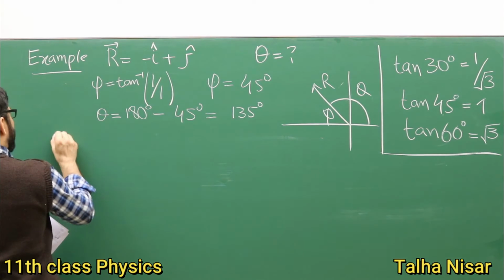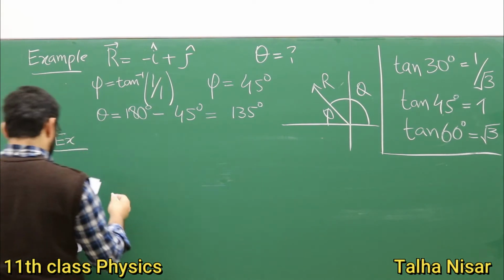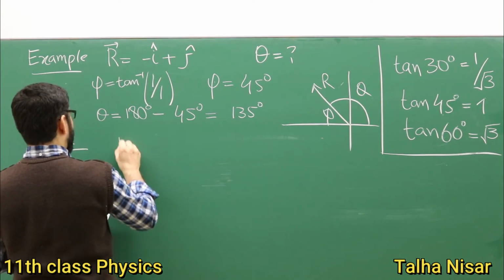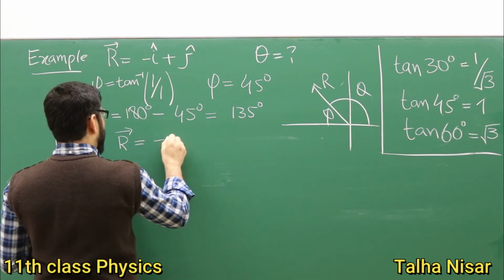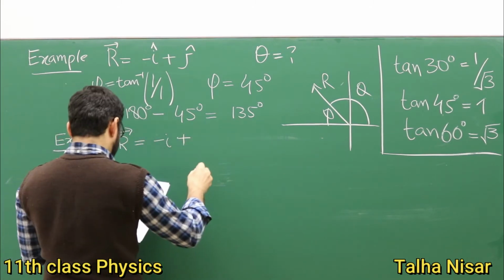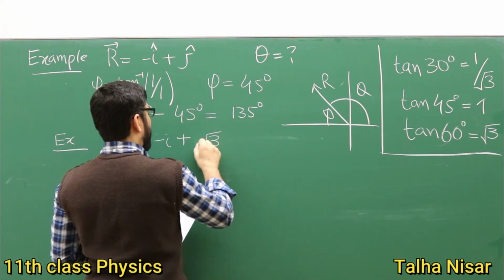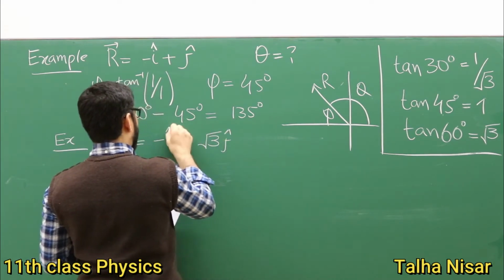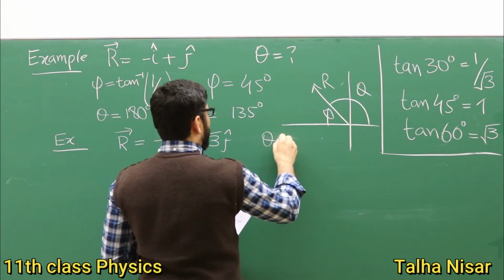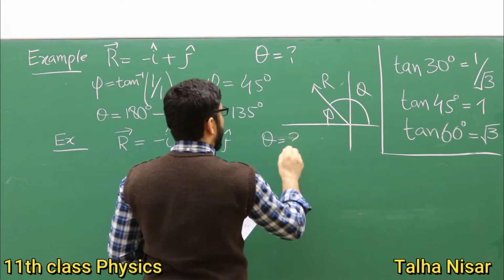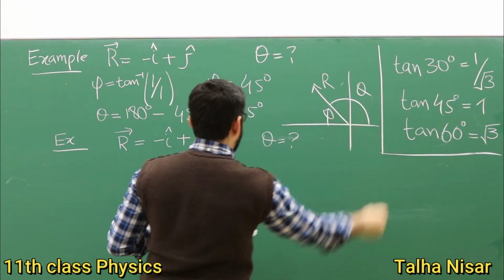So another example: when R is minus i plus root 3 j, and we are asked to find out what is the angle.